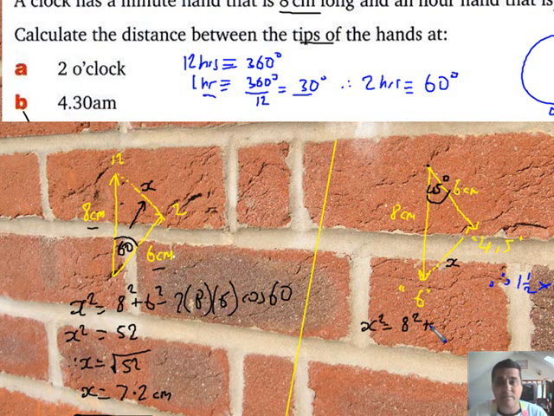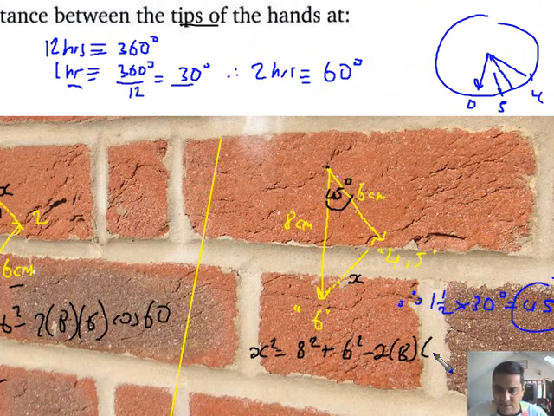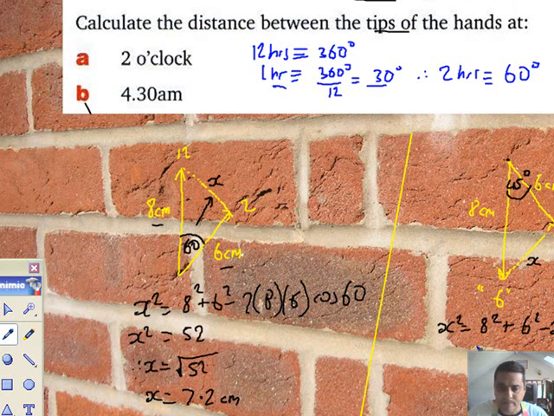So 8 squared plus 6 squared minus 2 lots of 8 times 6 times the cosine of 45 degrees. Let's just punch it into the machine. So I've got 64 plus 36. Take away 2 lots of 48, that's 8 sixes. 2 times 48 times the cosine of 45.